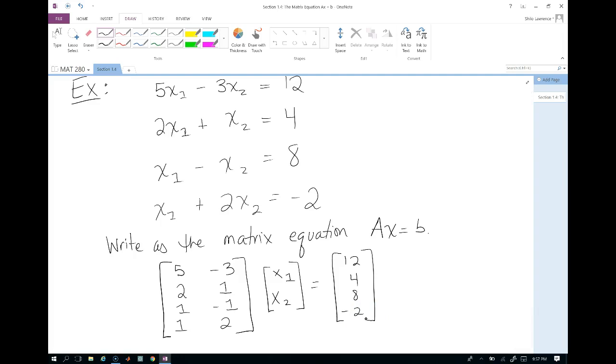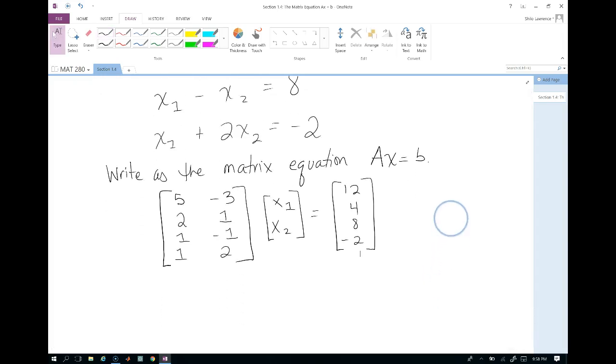But really you can look at a system and immediately jump to the AX equals B equation once you get comfortable with it. So this is our coefficient matrix A, this is our variable vector X and our solution vector B.